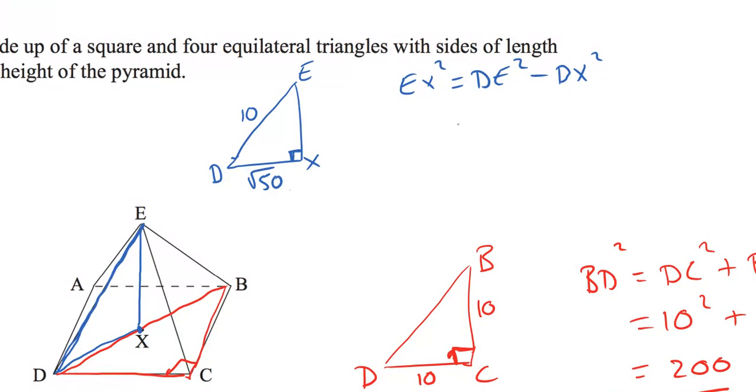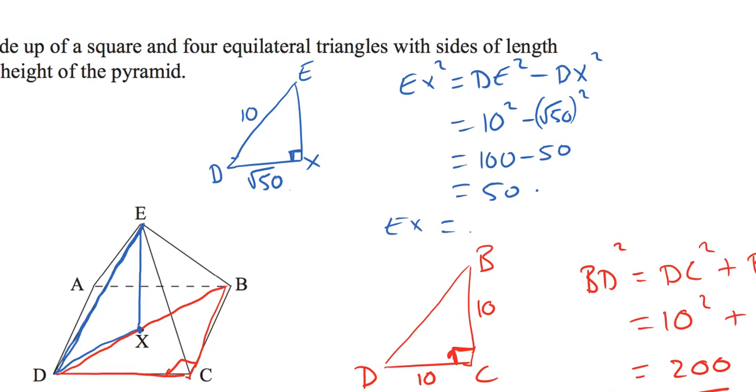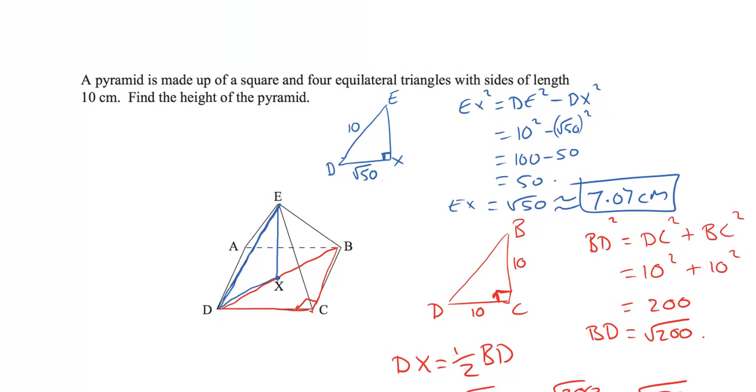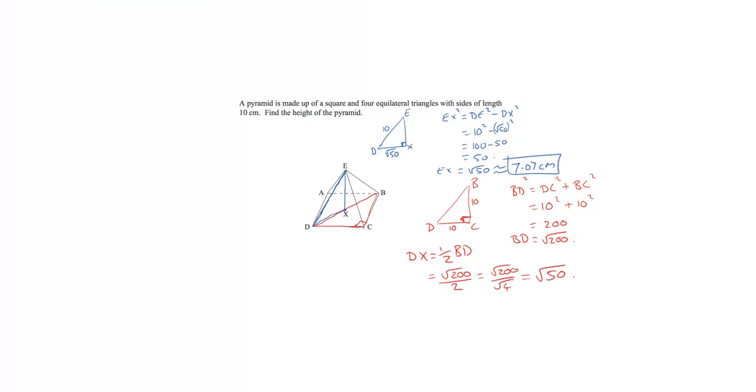So that is going to be 10 squared, take away the root of 50 squared. So that's a bit like saying, well, 100 minus 50, which is 50. So that means that E to X itself is the square root of 50, and that is approximately 7.07 centimeters. So the height of that pyramid is 7.07 centimeters.